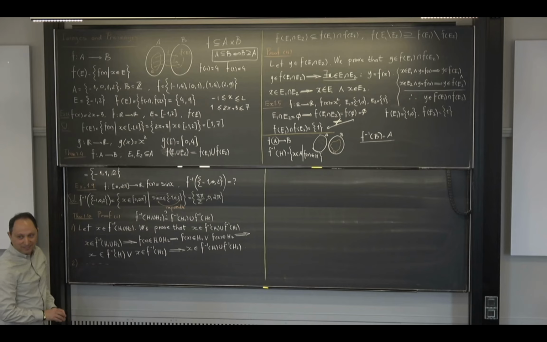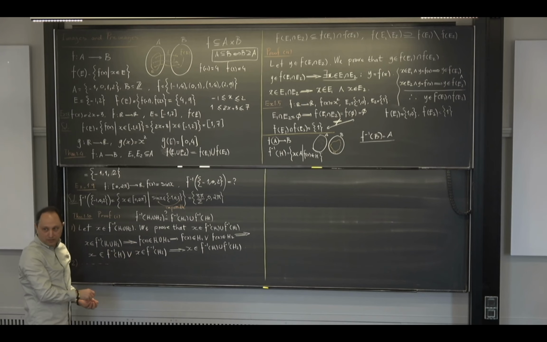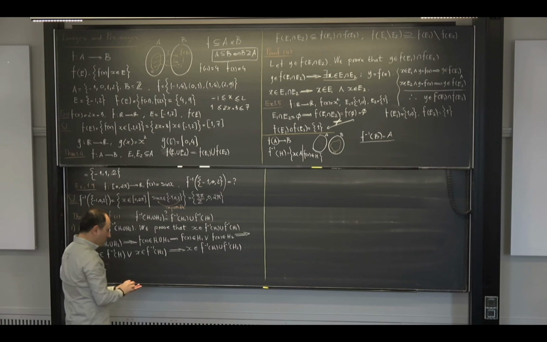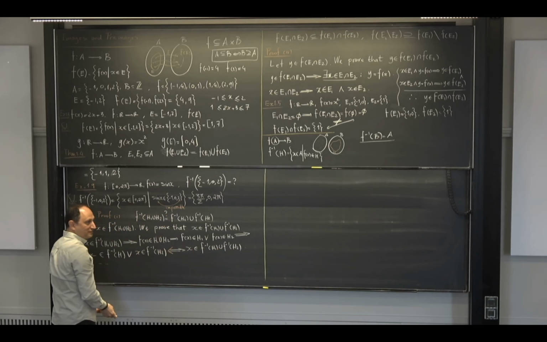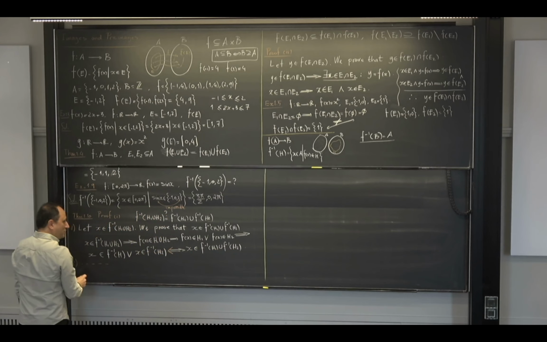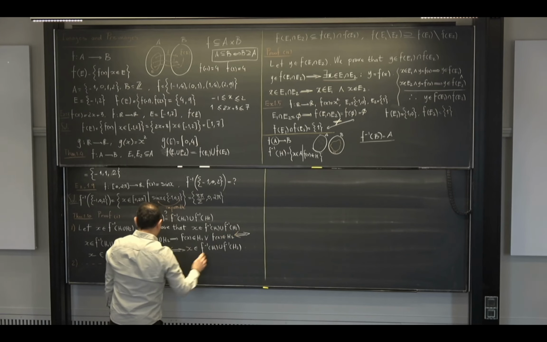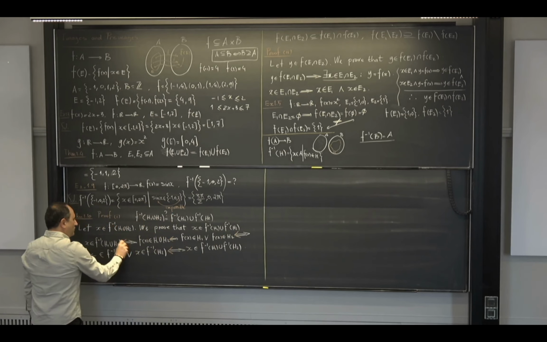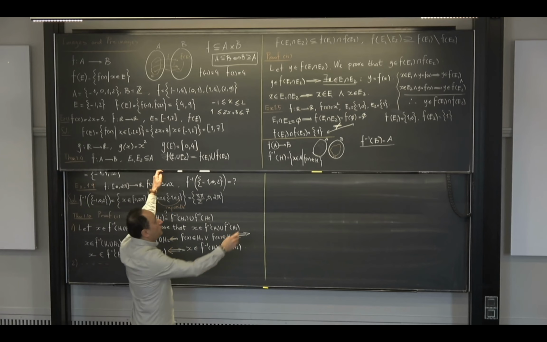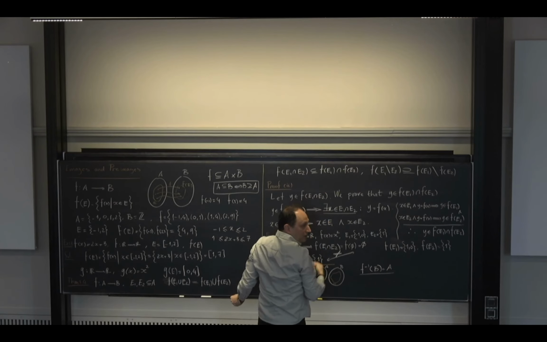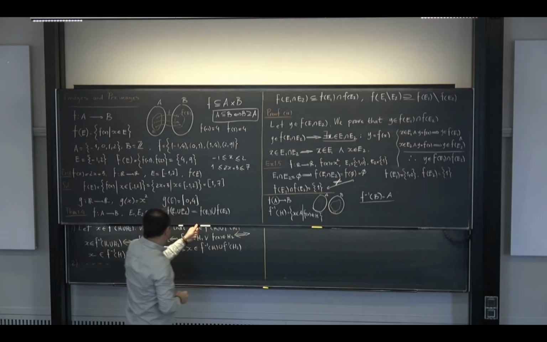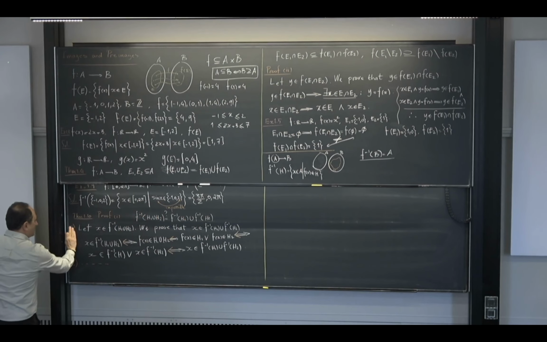If it's equality instead of implication, yes, I can go backward. Equivalency, yes. Do you agree that from here I can go backward? It's easy to convince yourself, yes? So I can go backward all the time. It is very good to try to go backward here to see where you cannot go backward. That is the obstacle that you couldn't prove equality. So in principle, let us finish it, okay?